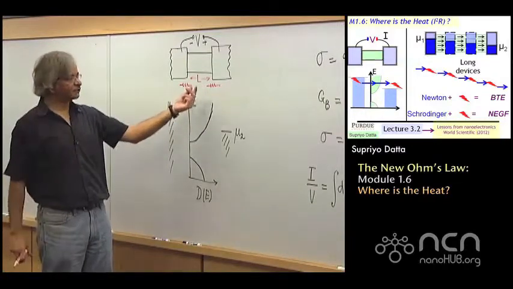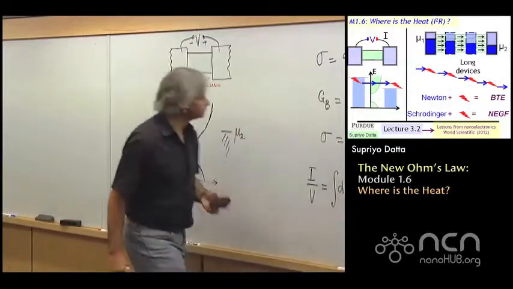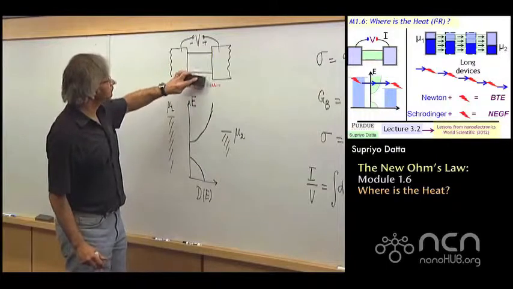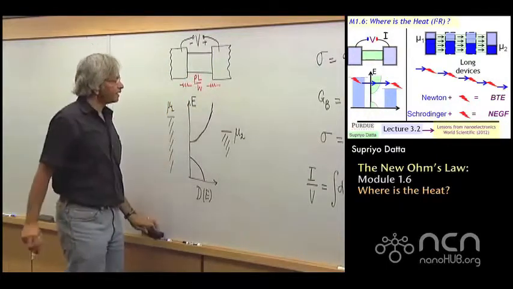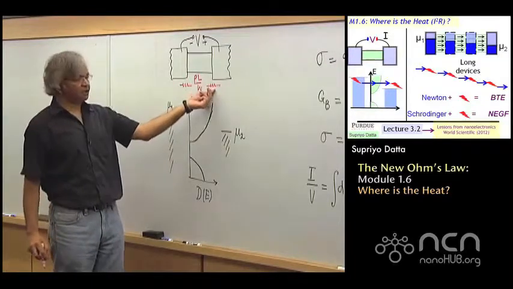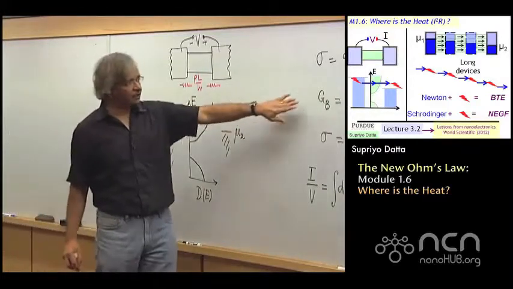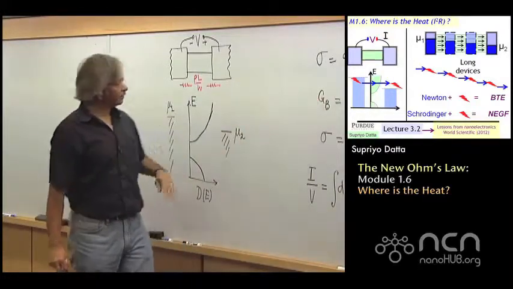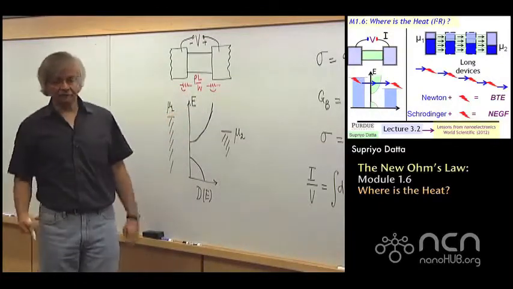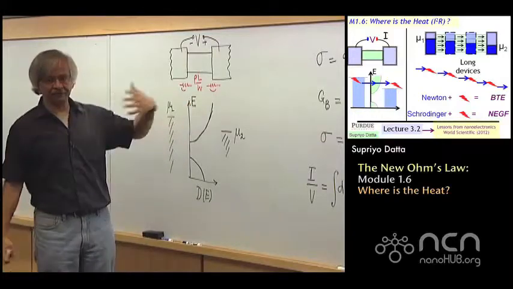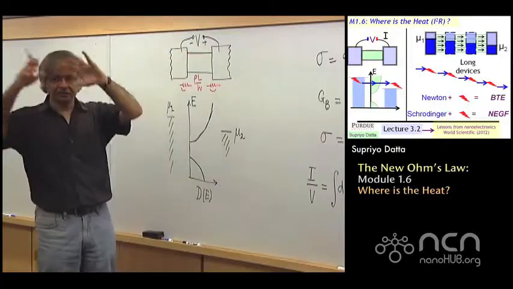It is as if the resistance of the channel itself is rho L over W. This part is just rho L over W. And then there's some additional resistance, which is this ballistic resistance, the inverse of the ballistic conductance. That is what you could view as additional resistors here. People interpret that as an interface resistance, something that arises from the interface between the channel and these large contacts.